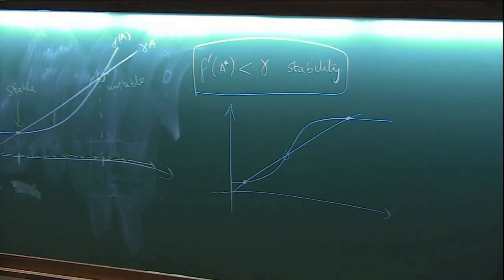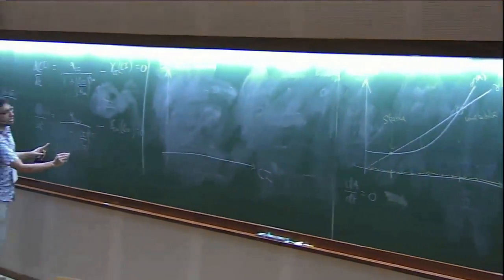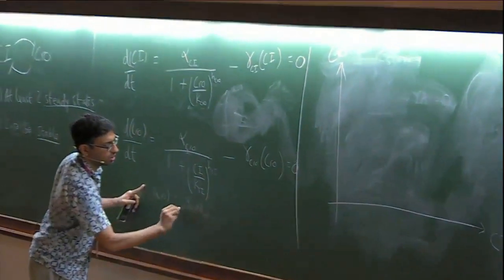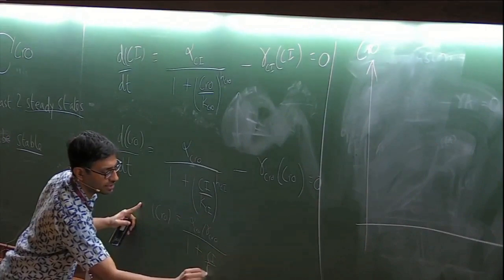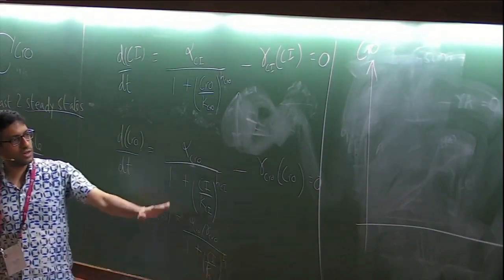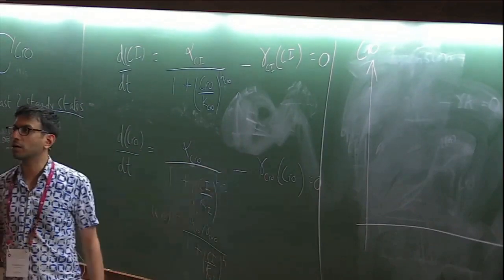If this is 0, you can rewrite this to say CRO is alpha CRO by gamma CRO divided by 1 plus C1 by KC1 to the power H. Right? All I've done is taken that to that side and just written CRO in terms of C1.